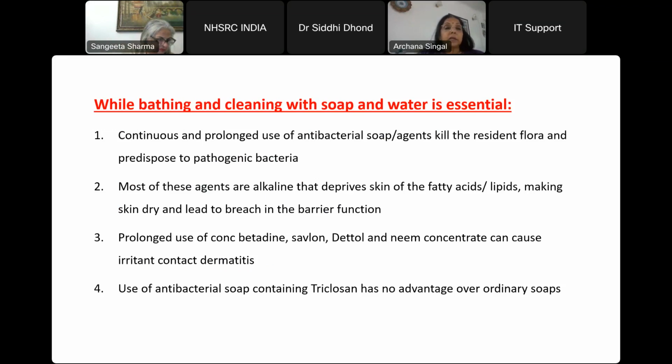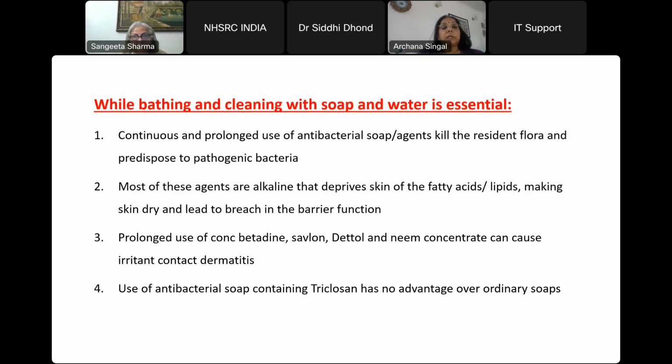They kill the resident flora if used for a very prolonged time, and then they predispose to the pathogenic bacteria, right? And most of these agents are alkaline, thereby depriving the skin of fatty acid and lipids, and making the skin dry, and thus leading to a breach in the barrier function.